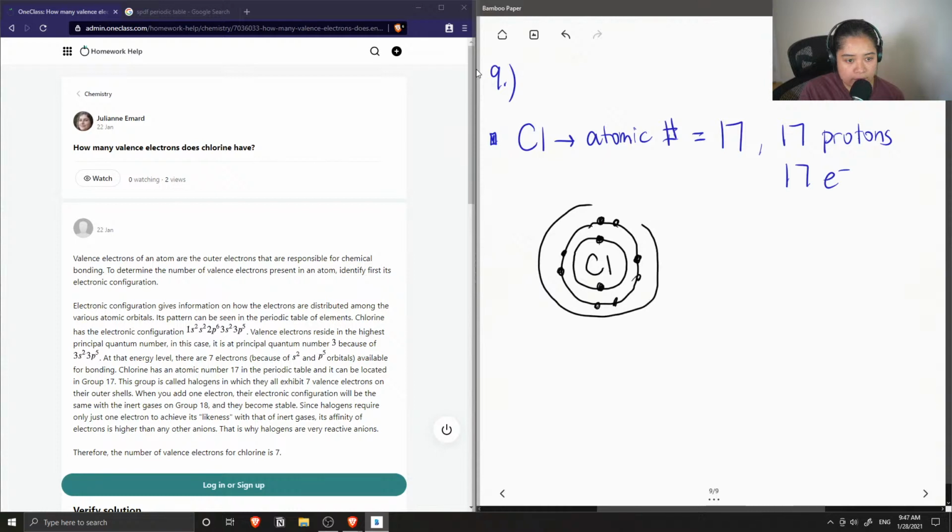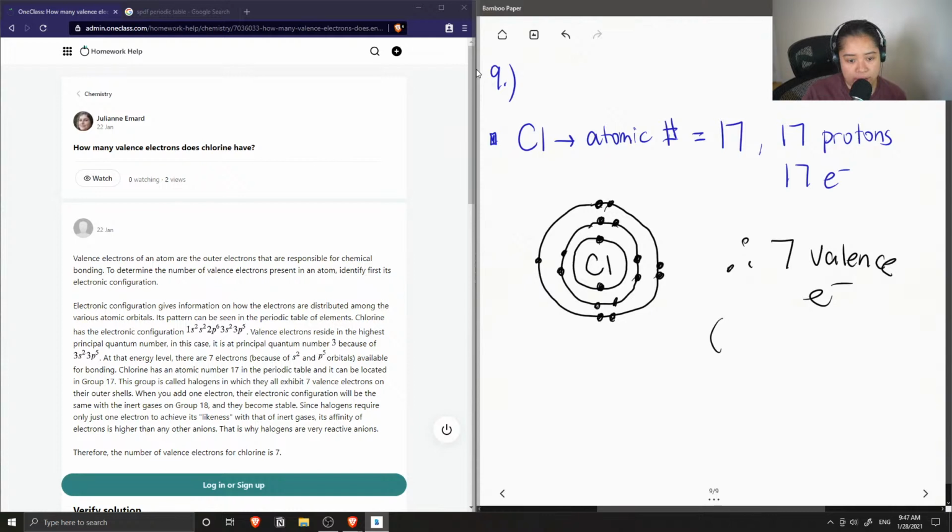And the valence shell, so since we already drew out 10 out of the 17, it's going to contain 7. So therefore, chlorine has 7 valence electrons.